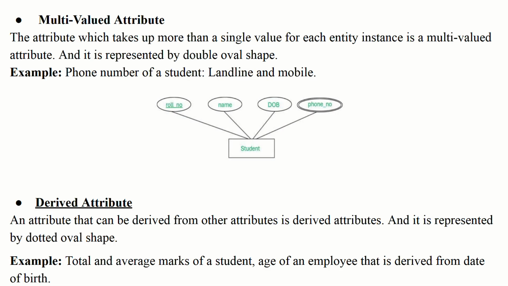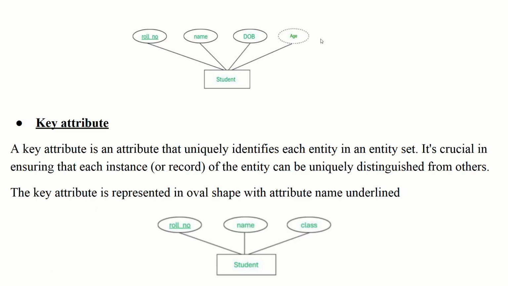Because of the existing column, we are able to calculate the sum, average, minimum, maximum, whatever aggregate function, based on the column. Another example is DOB. From the DOB, we can easily derive age. This is represented using the symbol of a dotted ellipse.